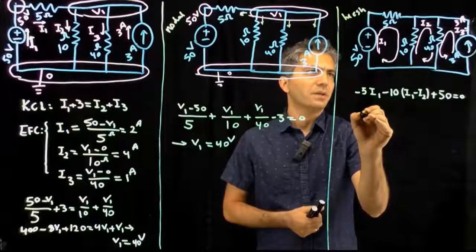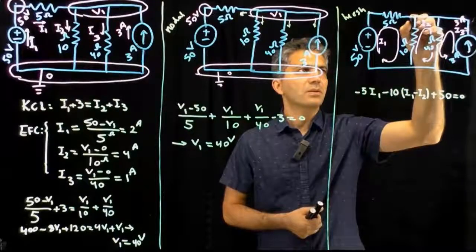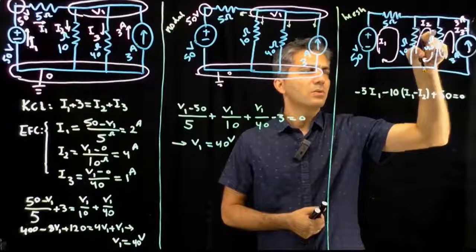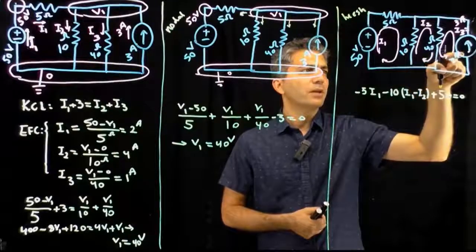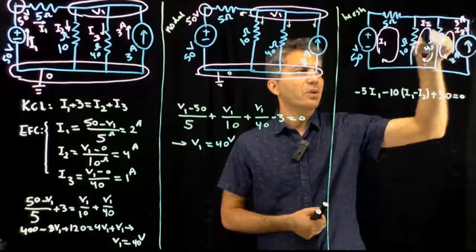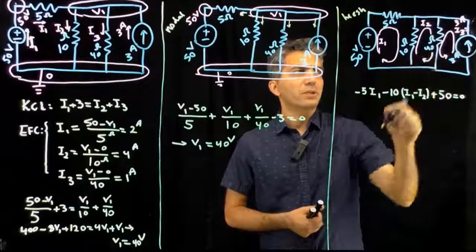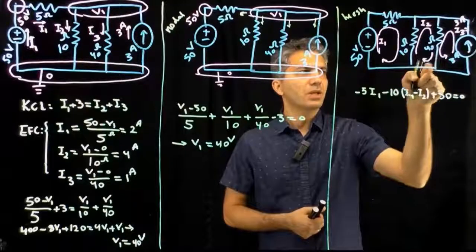And I write, starting, let's say, from the same node. Here I have current I2 going through the 40 ohm and current I3, which is 3 amp, going through the 40 ohm, and they're both in the same direction, so they add up, and then I'm losing potential there.